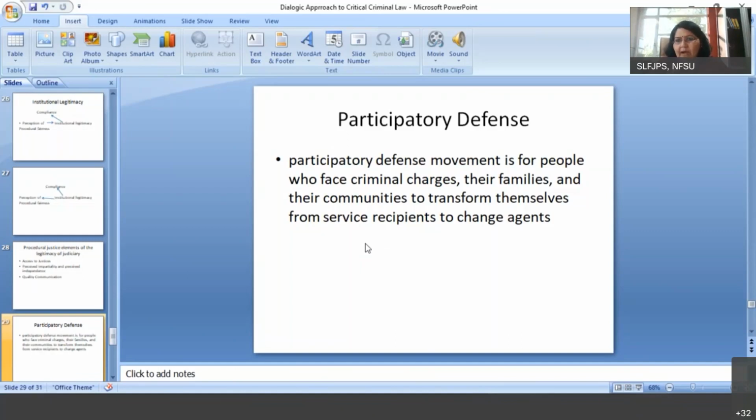Whether we allow them this participation from the point of view of the system is very, very vital.